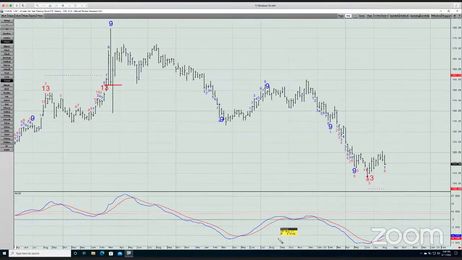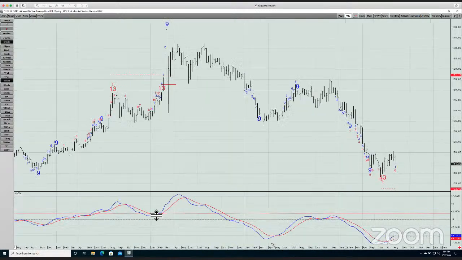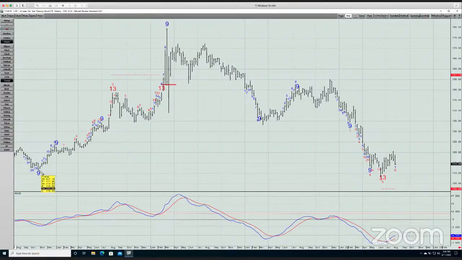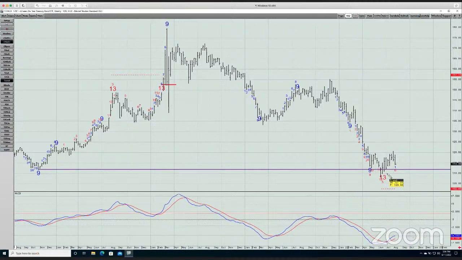Take a look where that occurred. That downside signal came right against the same level that had bottomed the market in 2018. So the last low made in bond prices before bond yields made all-time lows and bond prices made all-time highs was this level right here.